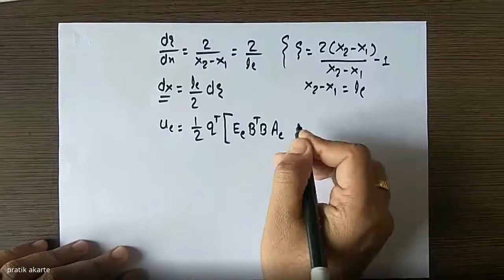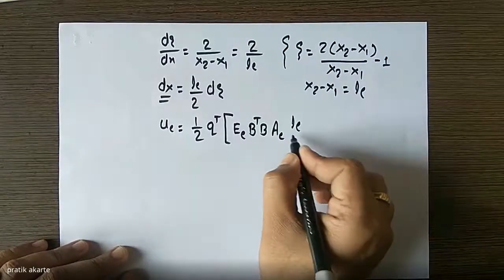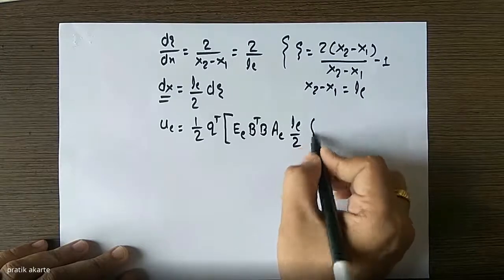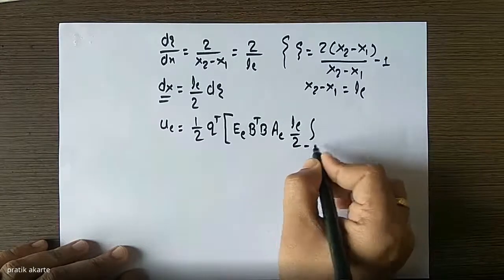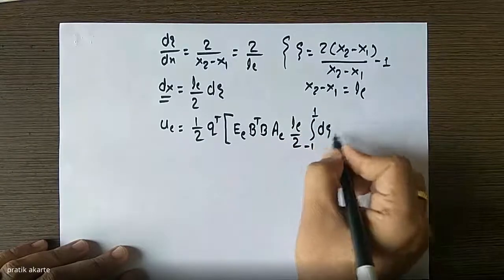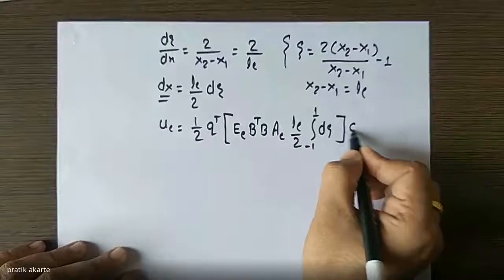A is also a constant term, Le by 2, and I am now integrating it from minus 1 to plus 1, d zeta, into q.